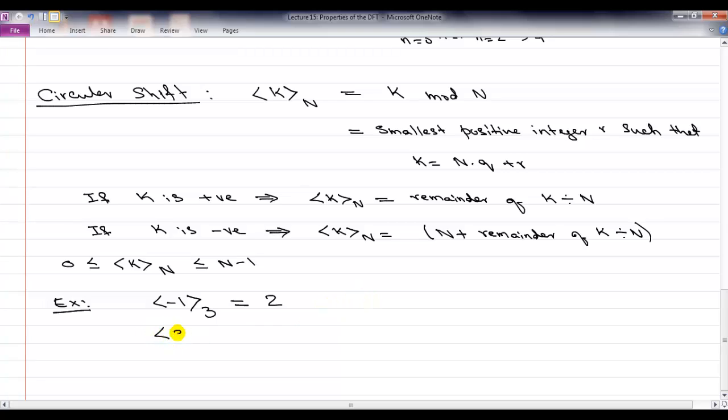Similarly, 3 mod 3 is 0. If k, of course, is itself between 0 and n minus 1, then k mod n is simply the same number. It is equal to k.